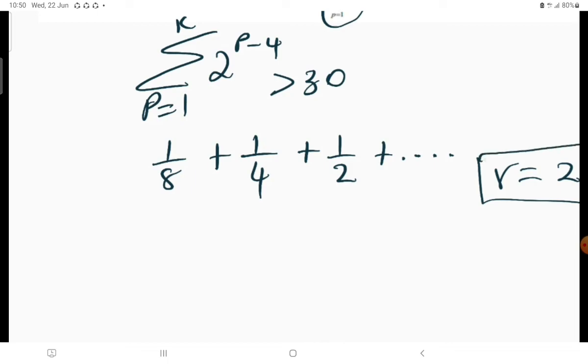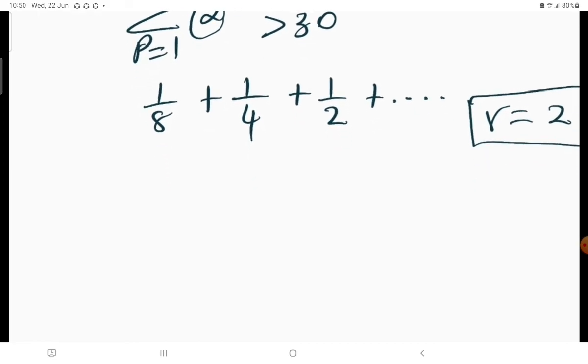It is rather divergent, because R is equal to 2, which is not in the interval -1 to +1.